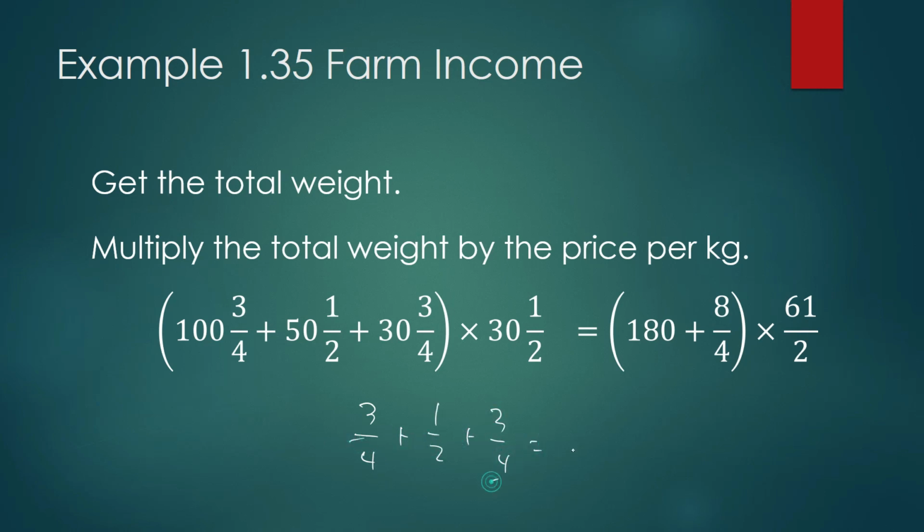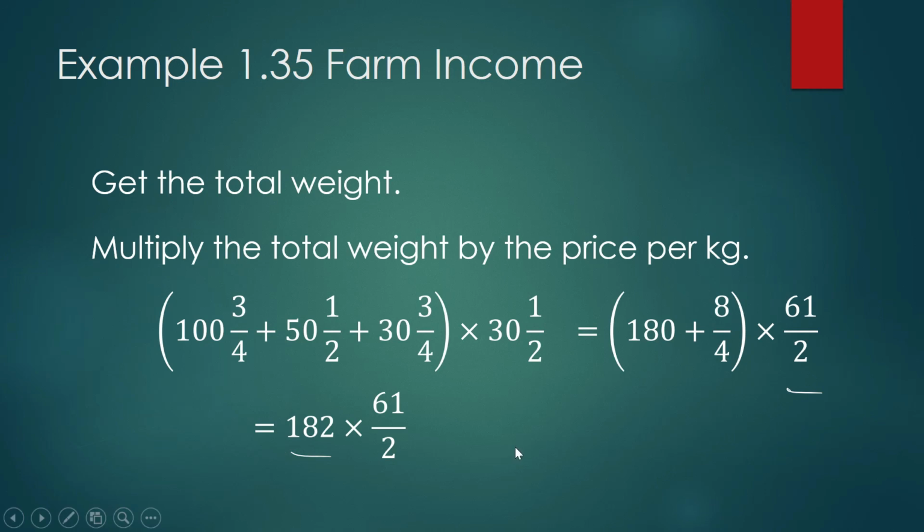Okay, so 3/4 plus 3/4, that is 6 over 4. 1/2 is 2 over 4. So that is equal to 8 over 4, which is equal to 2. And so this is equal to 180 plus 2 times 61 over 2. So 180 plus 2 is 182. We multiply it by 61 over 2.